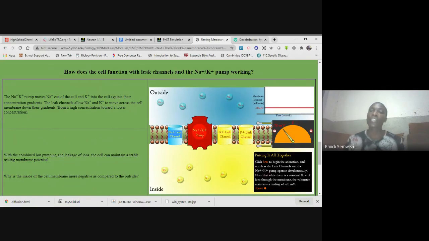So the sodium potassium pump will always continue to pump sodium ions out from the inside of the cell to the outside, although they are capable of coming back, but few come back. That is, few sodium ions come back across the sodium leakage channel.